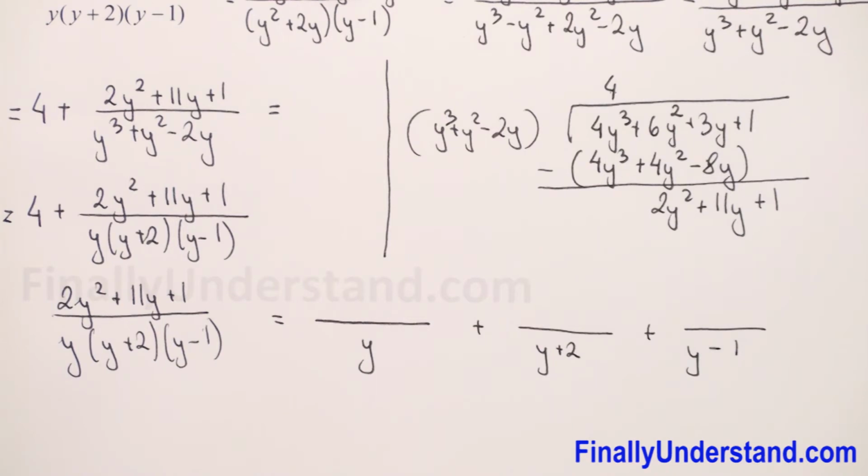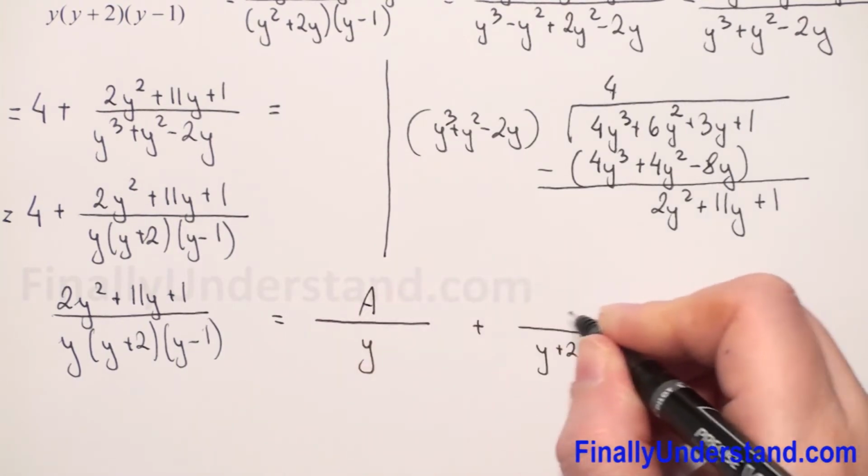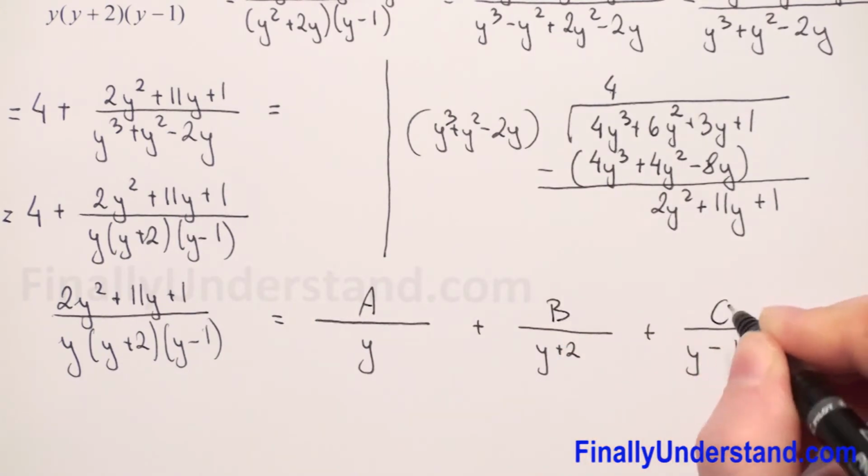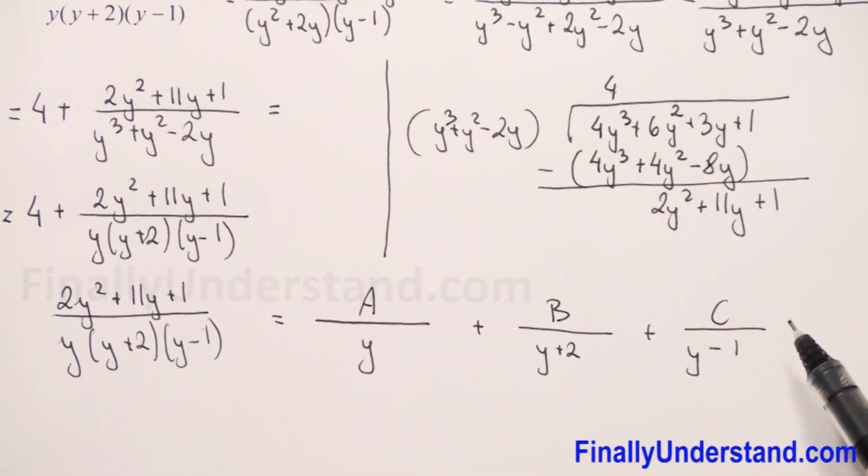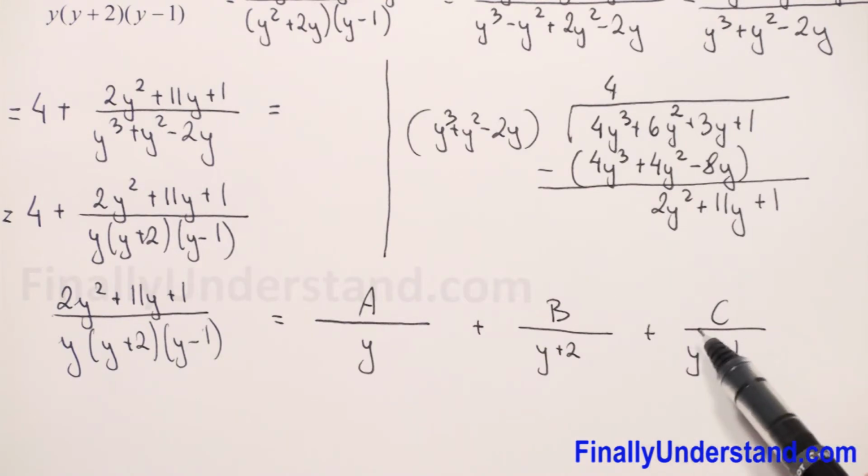Next we have to check what we have in the denominators: y, y plus 2, y minus 1. Every factor is different, and those factors are linear factors, so we need to have only a constant in the numerators. We can write A, B and C. And now our unknowns are A, B, C. We need to find these constants.